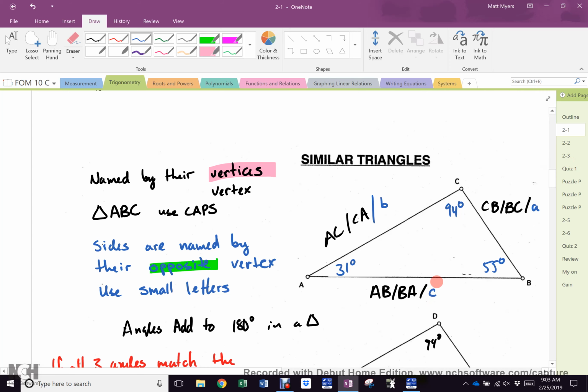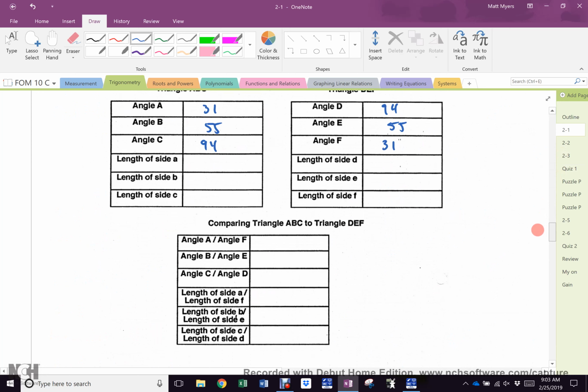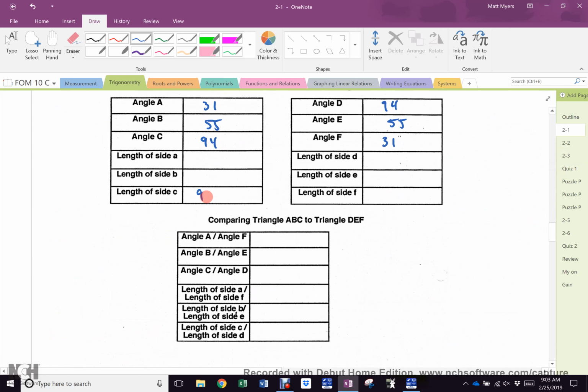Okay, so that's side little c, right? So little c is 9.5. And what did we have here? Little d was 15. Little e was 12.5. And little f was 7.5.